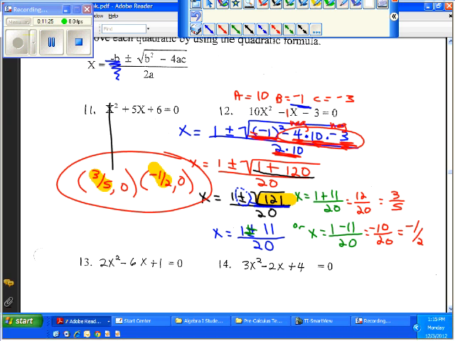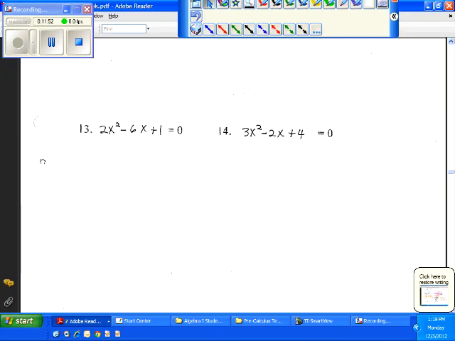Graphically speaking, if there's 2 real rational roots, that means it's going to dip under and come back up, and it's going to hit the x-axis in 2 places, right? Which in this case would have been at positive 3/5 and negative 1/2, which I won't put numbers on there because it's not going to look like it's right if I do. But the idea is, if you have 2 real rational roots, you're going to have 2 places where it hits the x-axis, okay? All right, number 13.